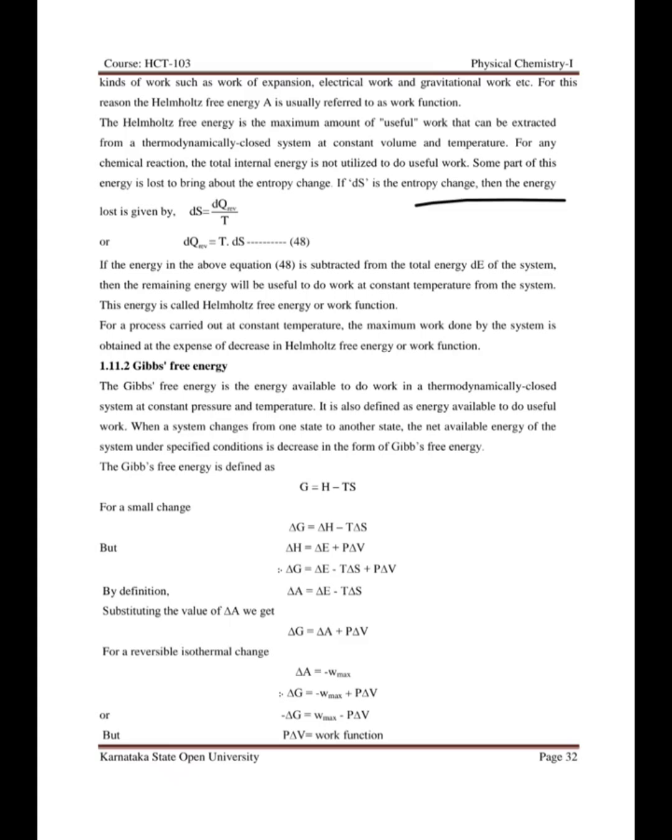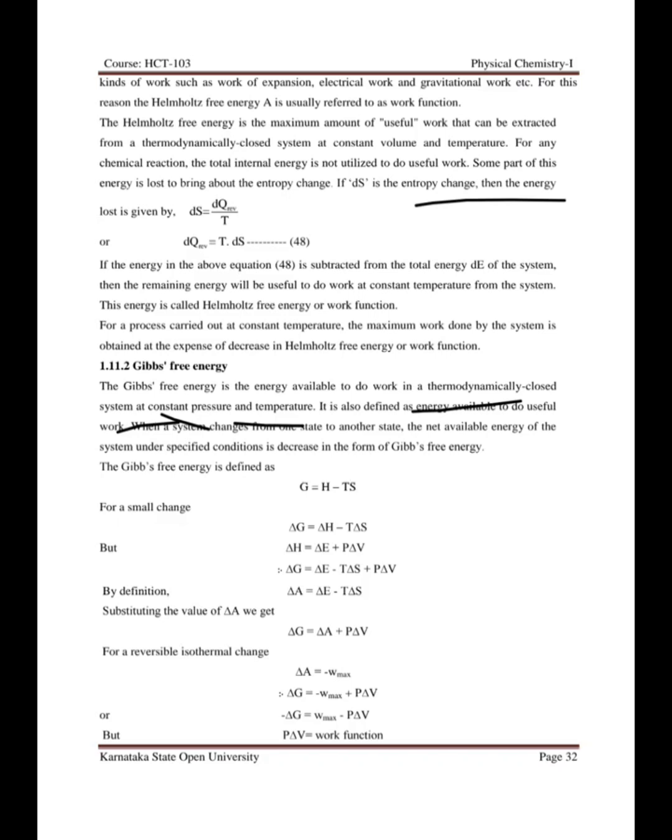So here there are two types of free energy: one is Helmholtz free energy and the other is Gibbs free energy. And next is the Gibbs free energy. It is the energy available to do work in a thermodynamically closed system at constant pressure and temperature. It is also defined as the energy available for useful work.